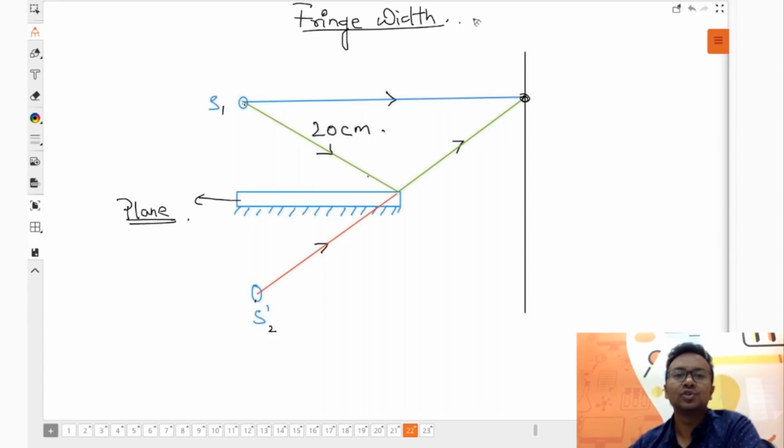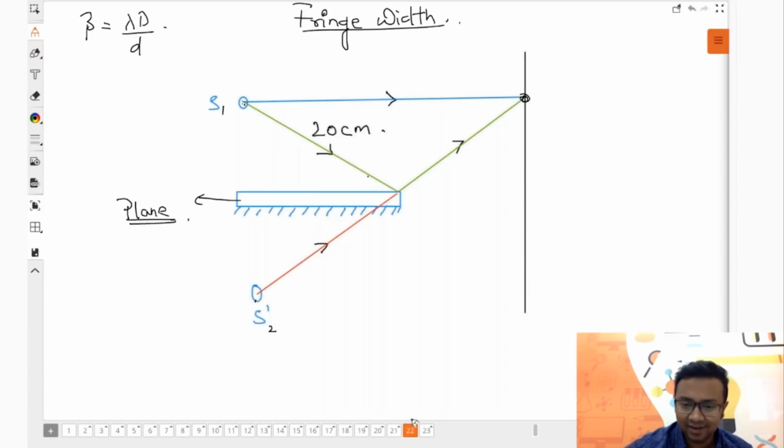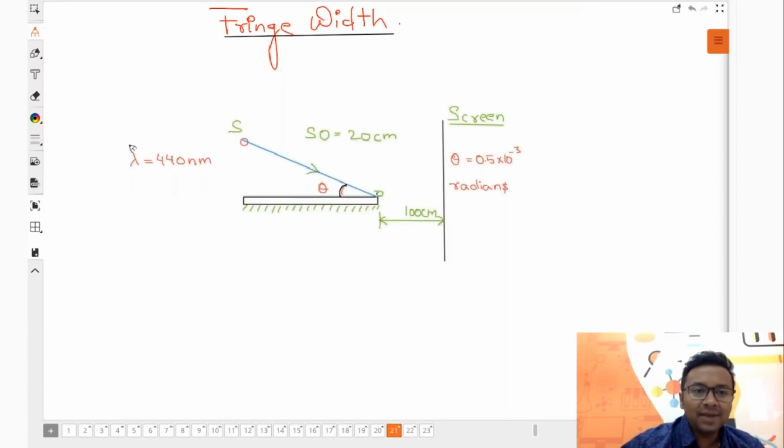Fringe width. Students, I hope everybody remembers the formula for fringe width. Beta is equal to lambda capital D by small d. Lambda is given to us, 440 nanometer. So what they want us to find out is the fringe width, beta, equal to lambda capital D by small d.